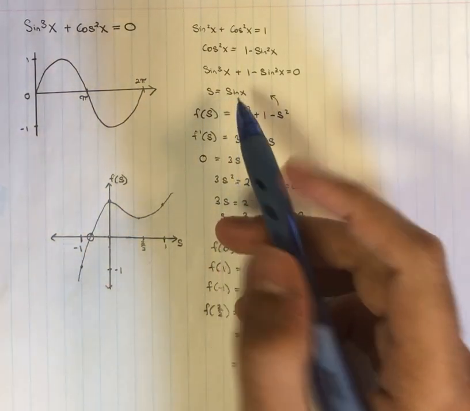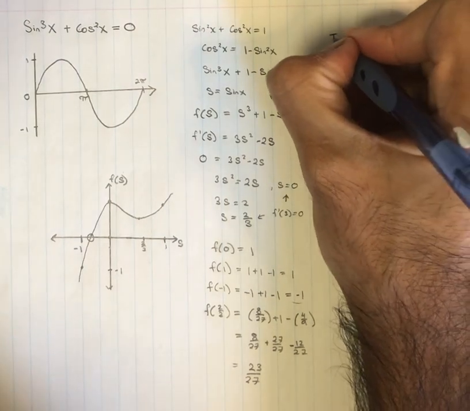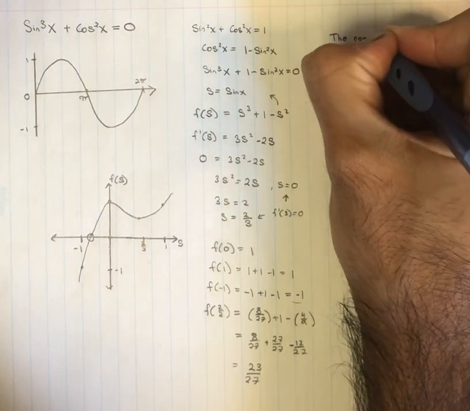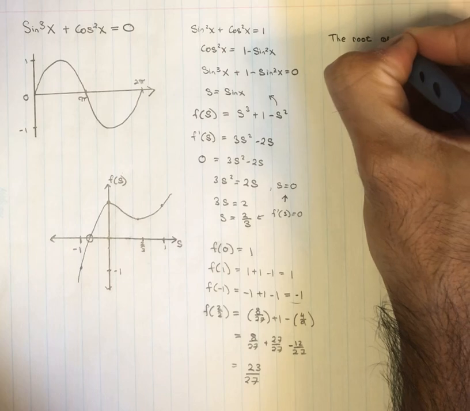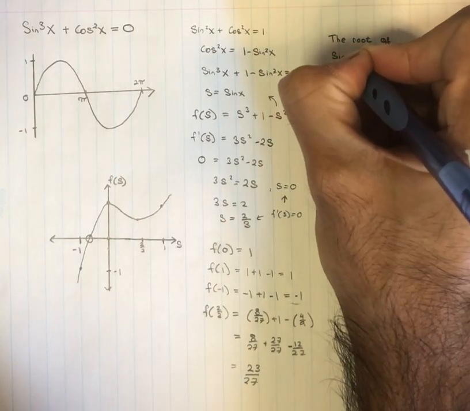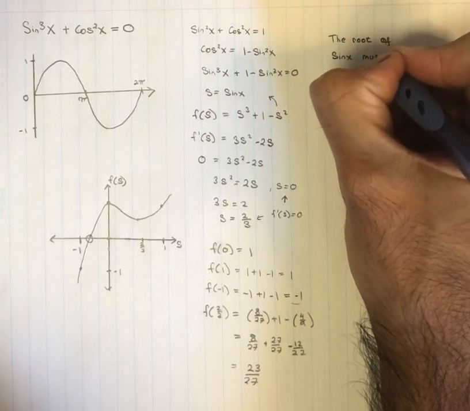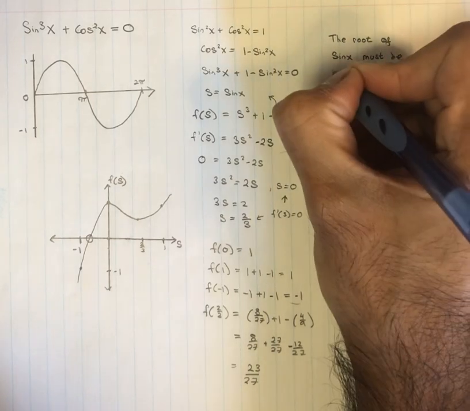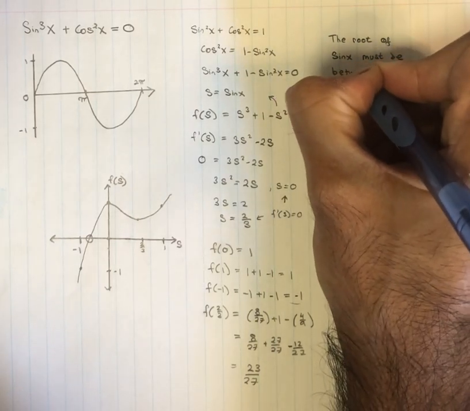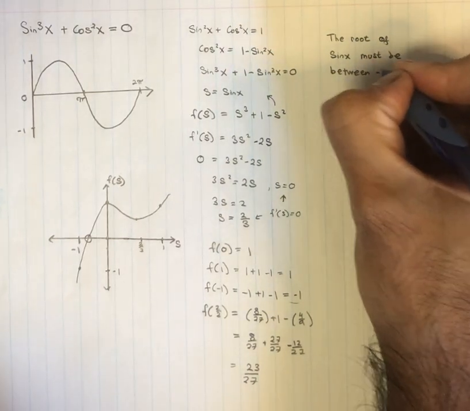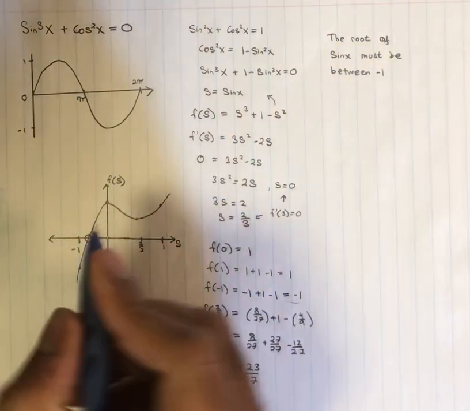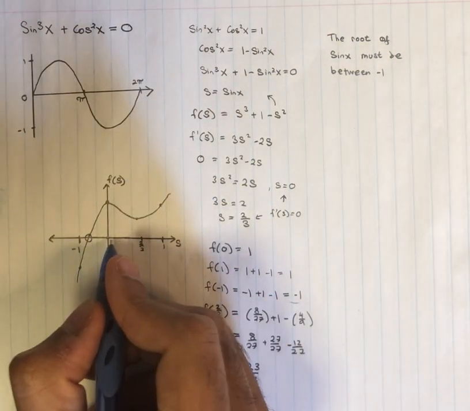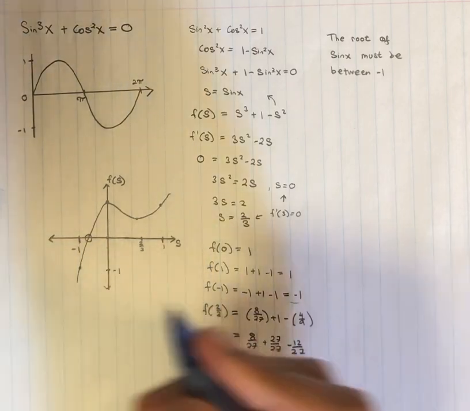But we know that s is equal to sine x. So the root of sine x must be between -1 and 0.